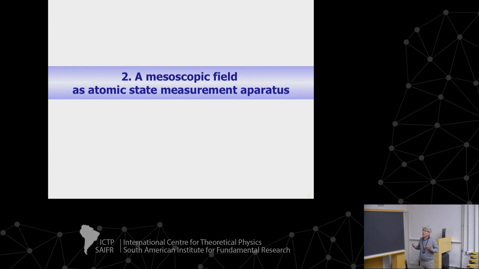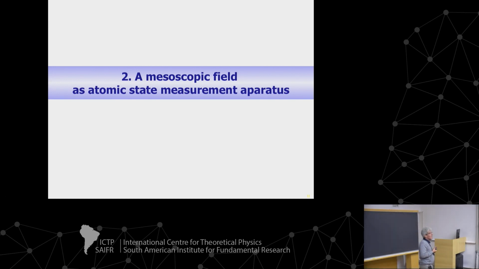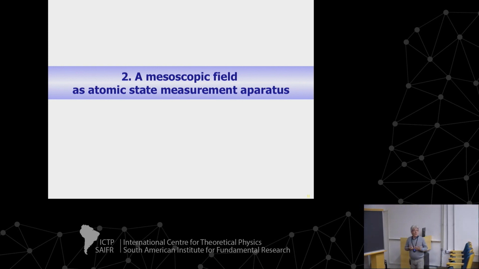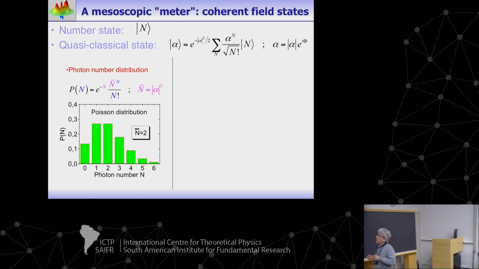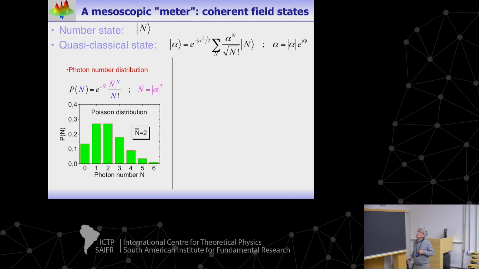And I will show that this coherent state can be used as the needle of a meter measuring the atomic energy, the atomic state in the cavity. So now the system under observation is one atom, and the meter is a quasi-classical field stored in the cavity. So let me come back to the properties of a classical field I already mentioned explicitly.